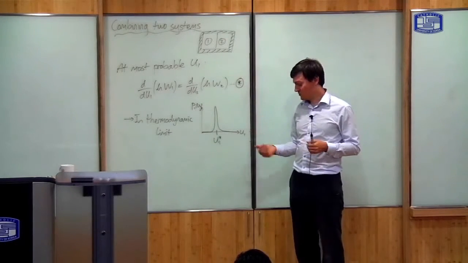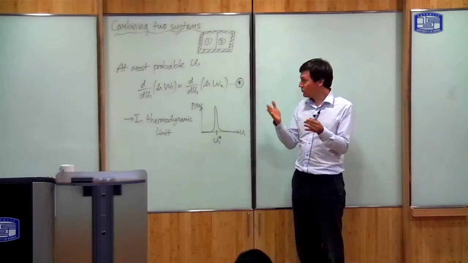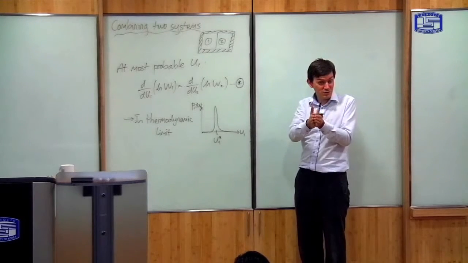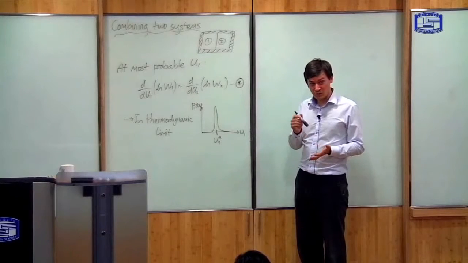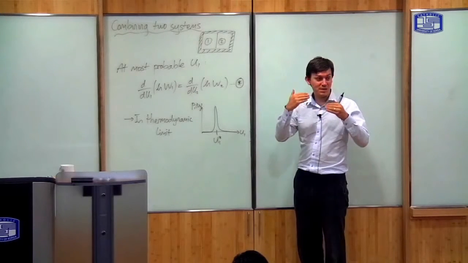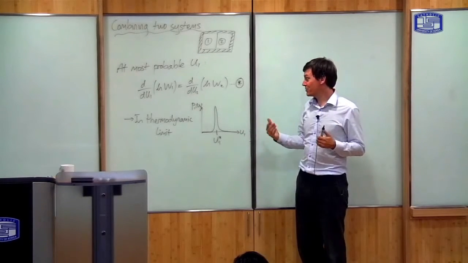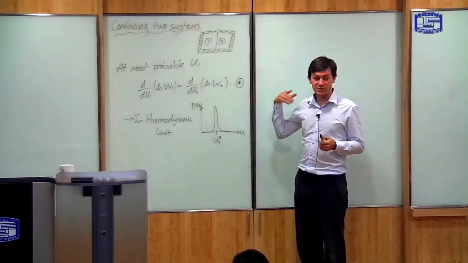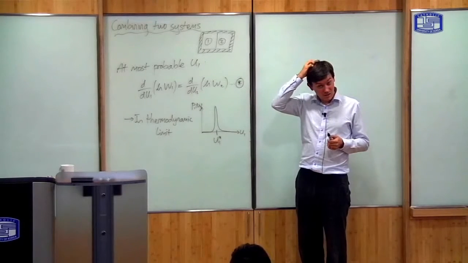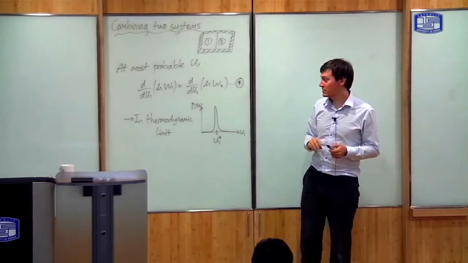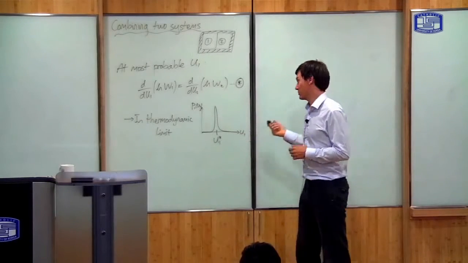Now I mentioned just briefly at the end of last time that if you imagine you join these two systems together and you allow them to exchange energy, what should happen is that they should reach the same temperature. So there should be a relationship between star and the temperatures of the systems. In other words, star should be equivalent to the statement that T1 equals T2.